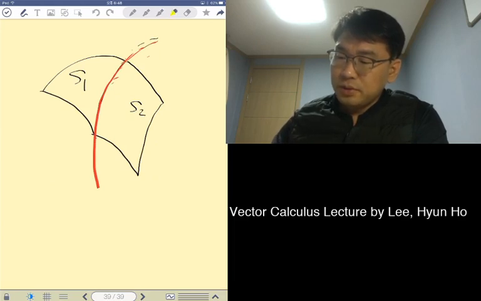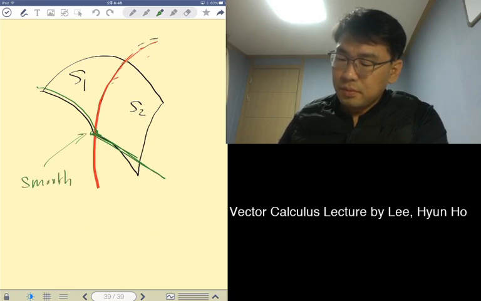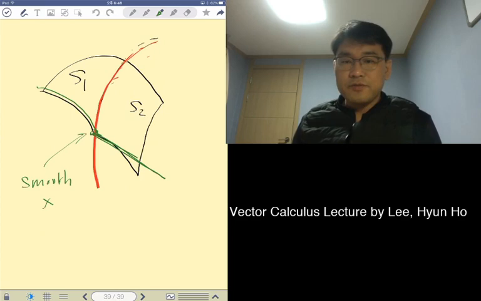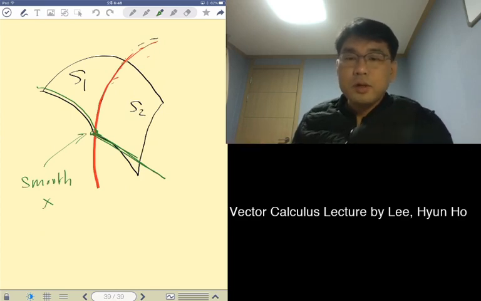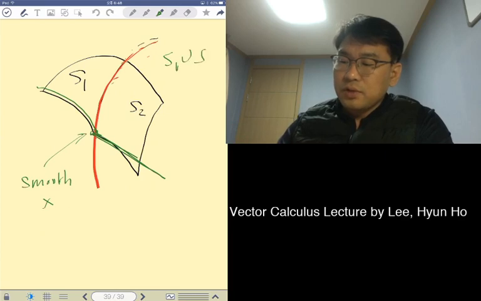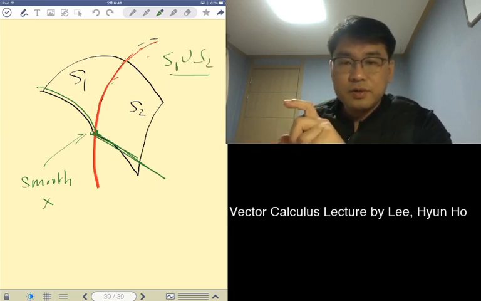So it's not a regular surface as a whole. The union of S1 and S2 is not a smooth or regular surface.